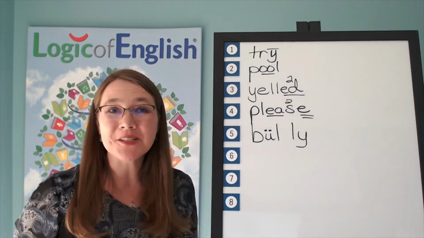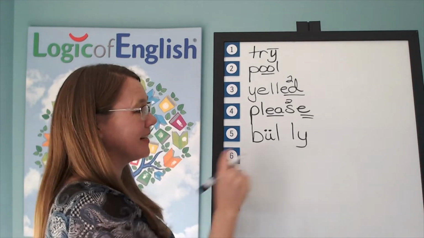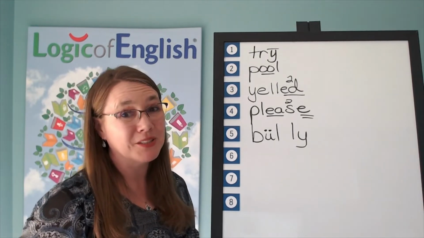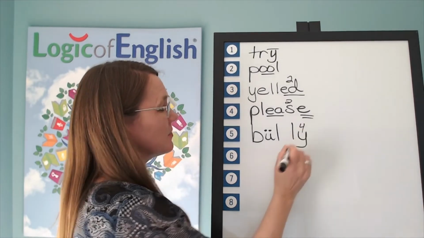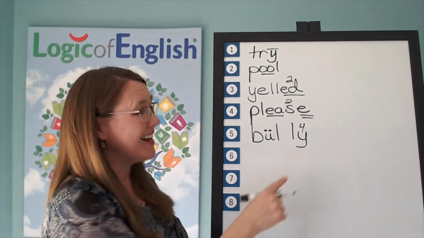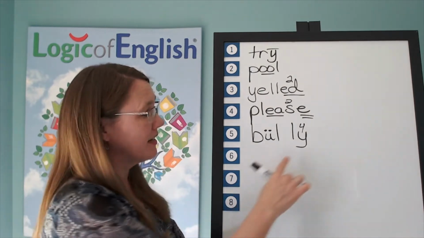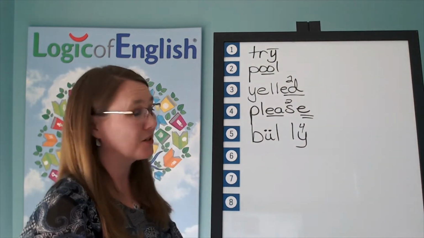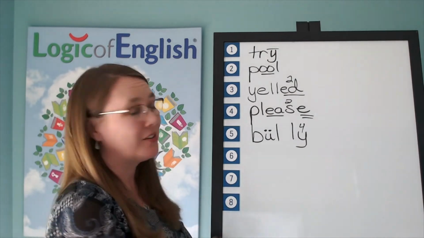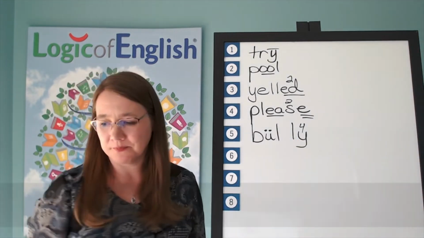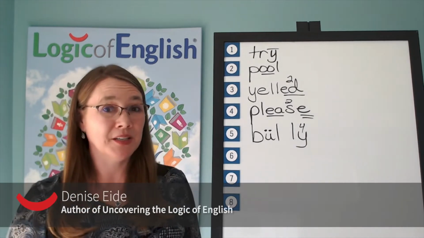Notice there's a vowel saying its broad sound before an L. And what sound of y-i-i-e do you hear in bully? That's right, the fourth sound. And why? Yeah, it's saying its long E sound at the end of a multisyllable base word or a multisyllable word. All right, let's say it. B-u-l-l-y, bully.